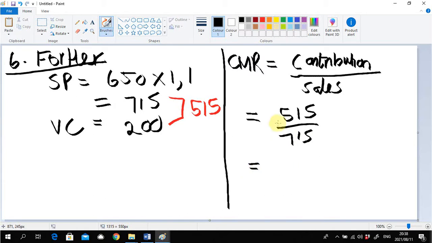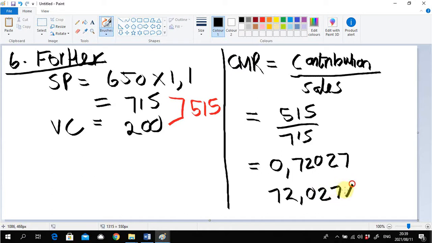a contribution margin ratio of 0,7202, and in percentage it's going to be 72,03%.